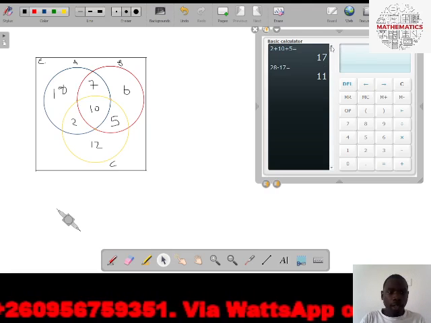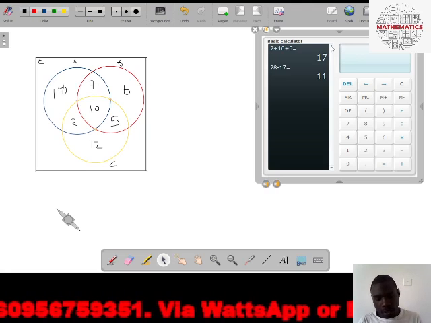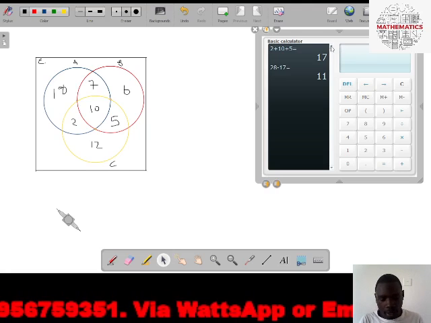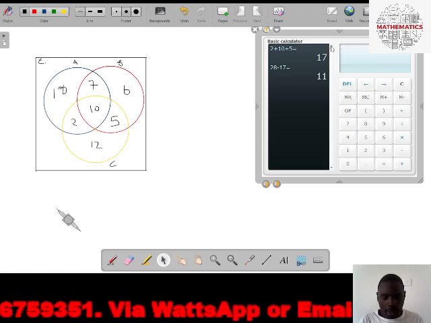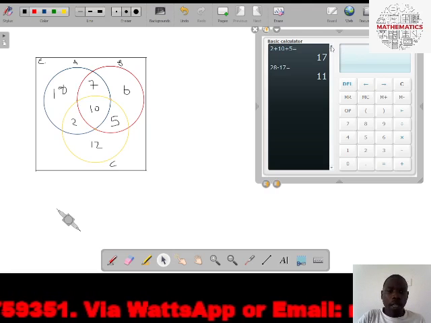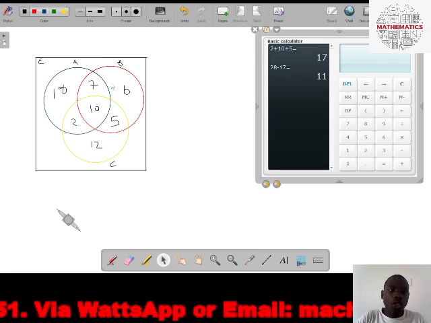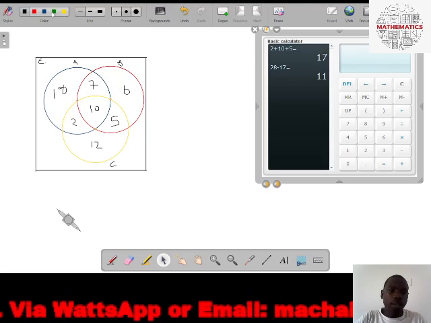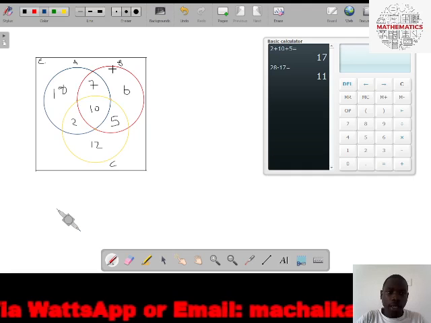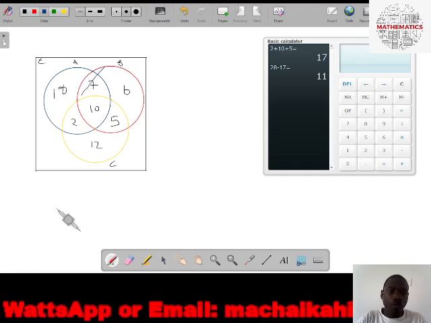And then to answer the follow-up questions, they're saying find A, number of B complement. B complement means you are going to exclude set B. Here it has to be shaded off.